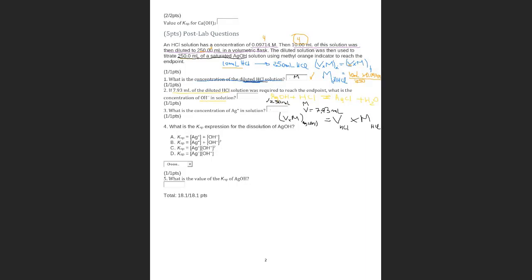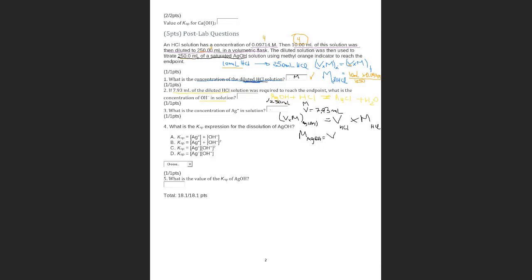So the concentration of hydroxide we know is 1 to 1. So the molarity of the silver hydroxide is going to be what? Who can give me the number?